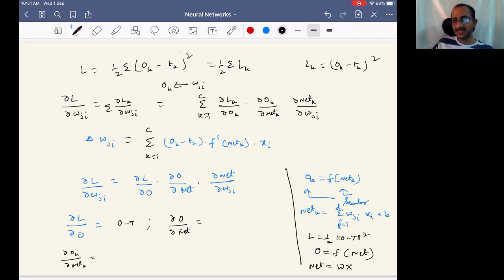So in that case, it will be f dash of net, where f dash is the derivative of the activation function. Since f is a sigmoid activation function, whatever is the dimension of net will be the dimension of f dash of net. Is this clear or not?